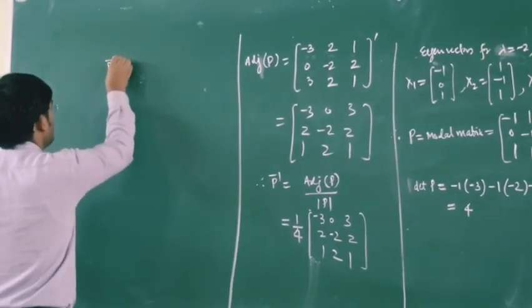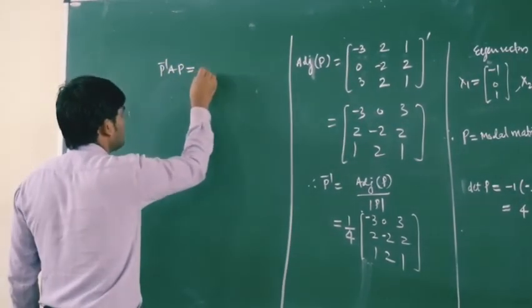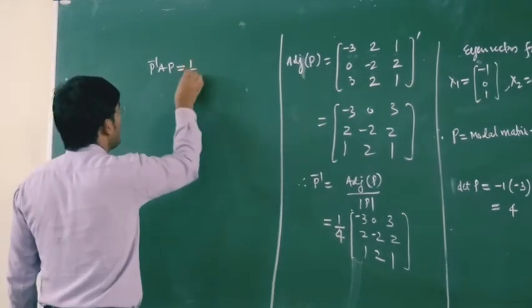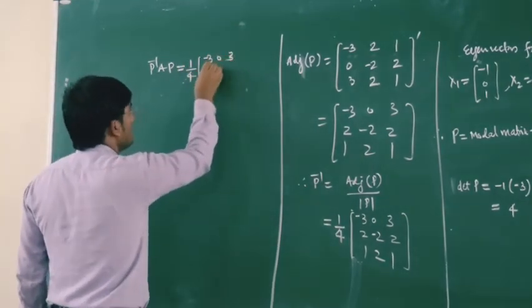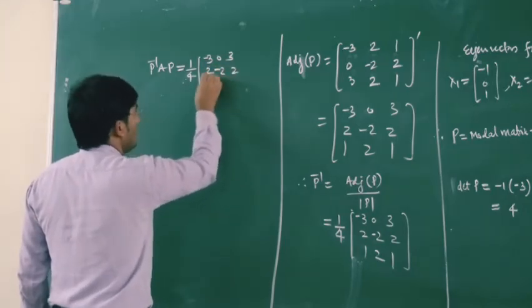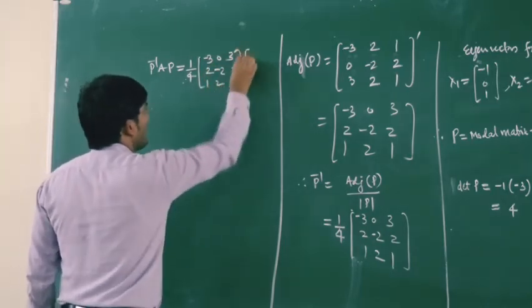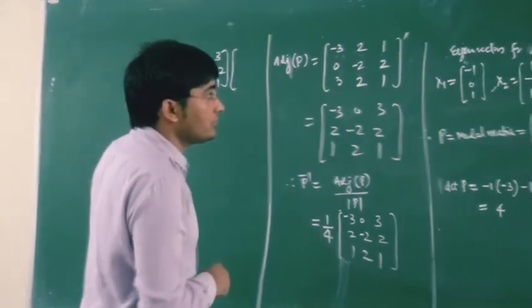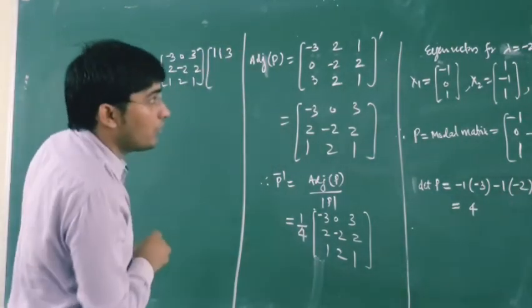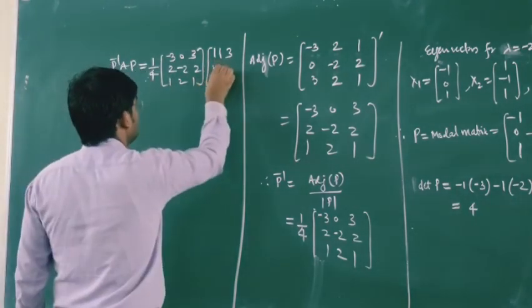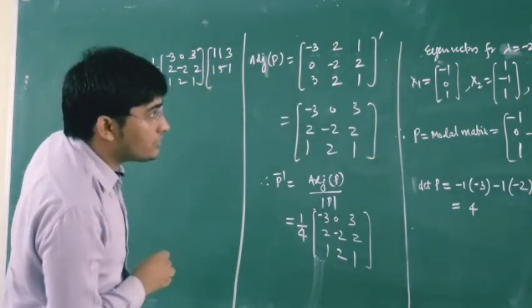So P inverse into AP is equal to, this is your P inverse, 1 by 4, minus 3, 0, 3, 2, minus 2, 2, 1, 2, 1. This is your P, and then we have A, your matrix A, 1, 1, 3. Then we have 1, 5, 1. And then the third row is 3, 1, 1.